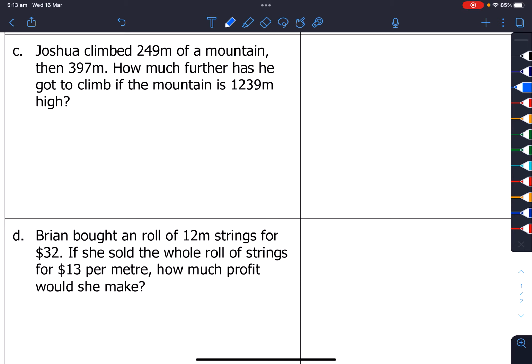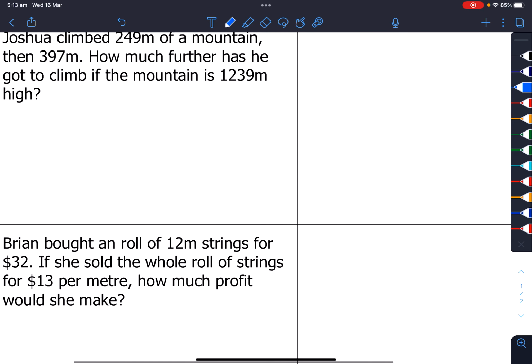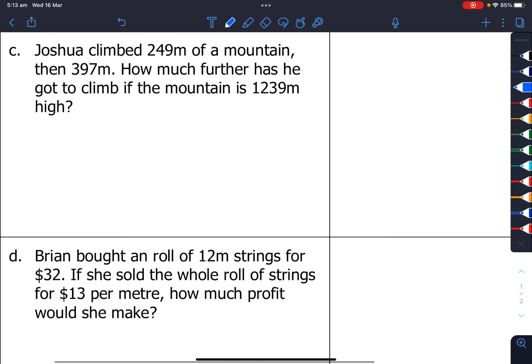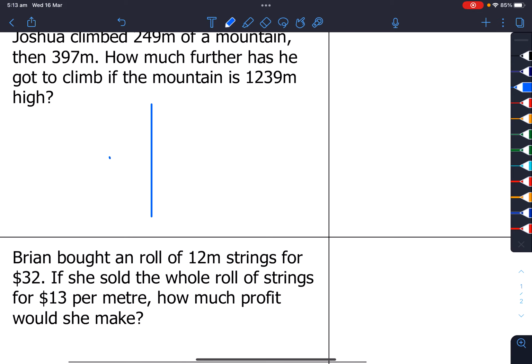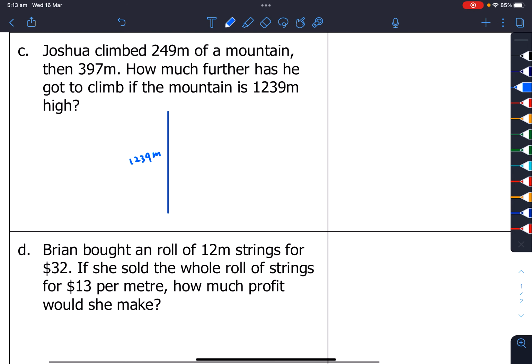So suppose this is mountain. Or is it 1,239 meters? So you already climbed 397 and then climb 249. So we need to calculate the rest.